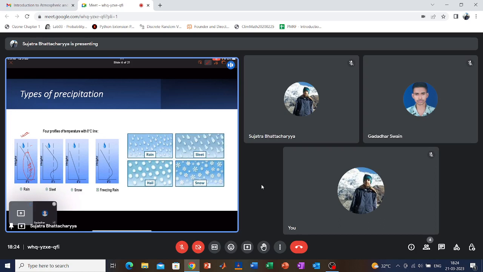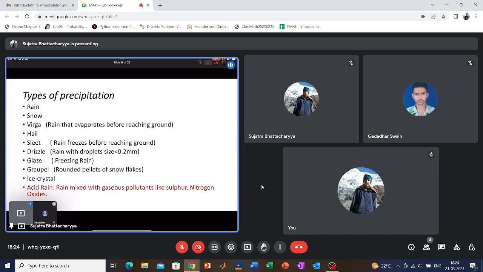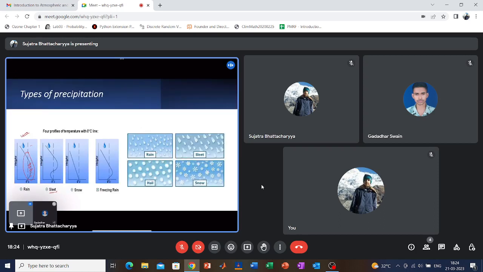The second is the sleet. What is sleet? You can see that ice of different shapes is there. Sleet is rain that freezes before reaching the ground. Now if rain has to freeze before reaching the ground, then the temperature near the ground should be low, and this is what is represented here.